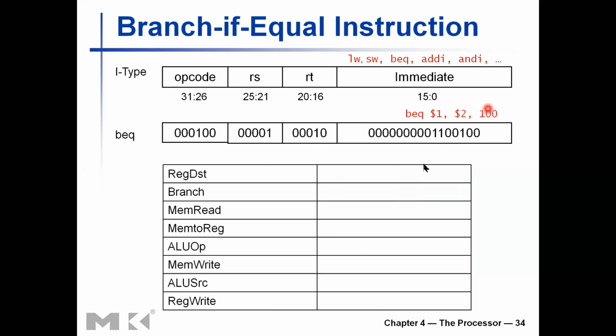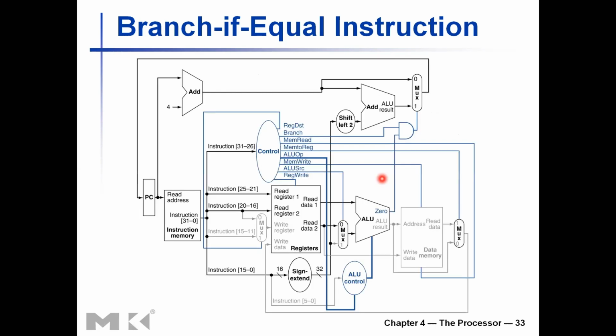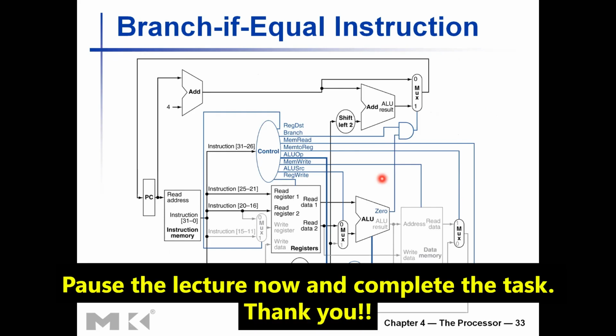Can you come up with the values for these control signals and tell me. Look at the diagram. This should be available in the slides I uploaded into Moodle also. Fill the table and tell me the values.